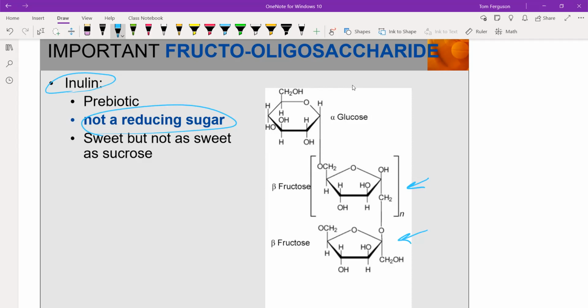Now, some of you might say, well, what about this guy down here? Does that count as a hemiacetal? Well, let's do the test.